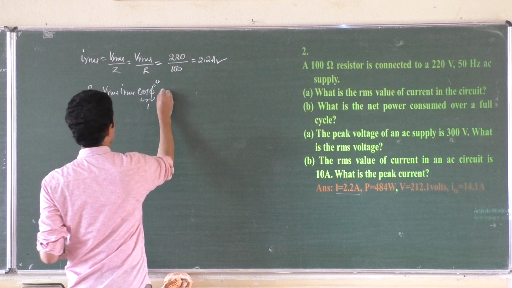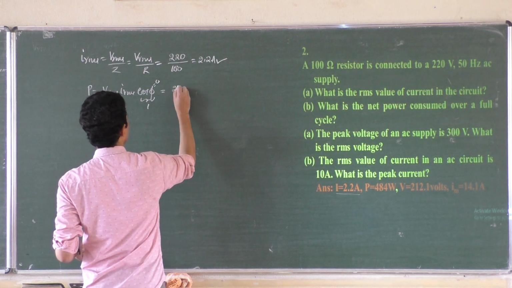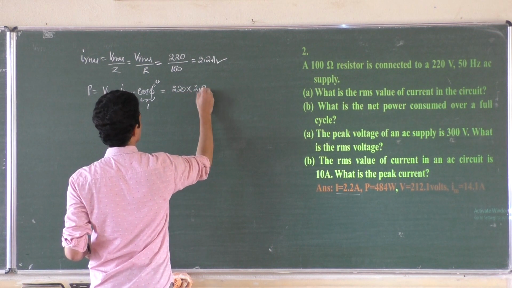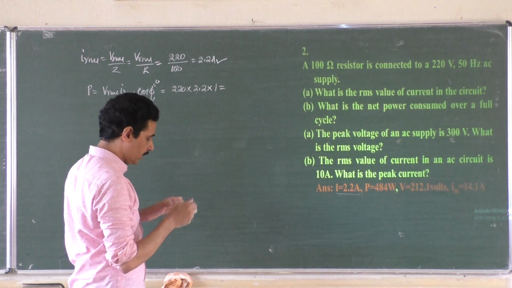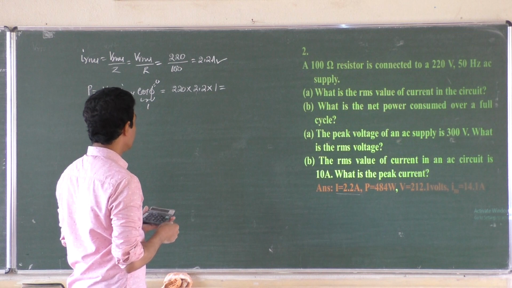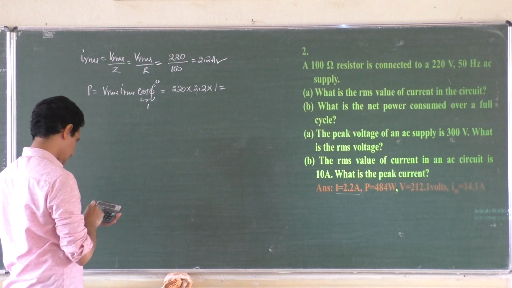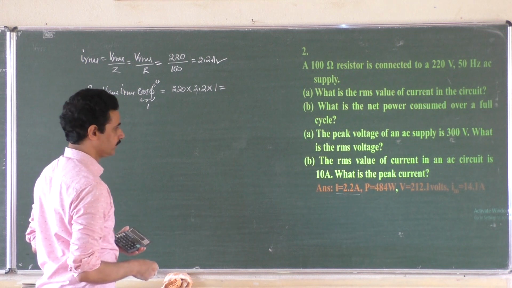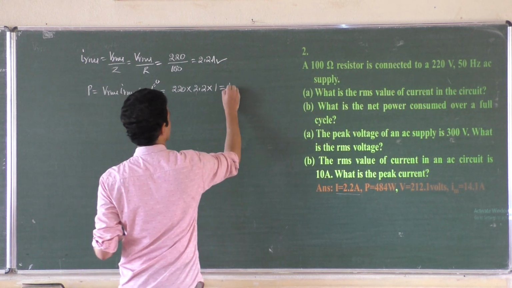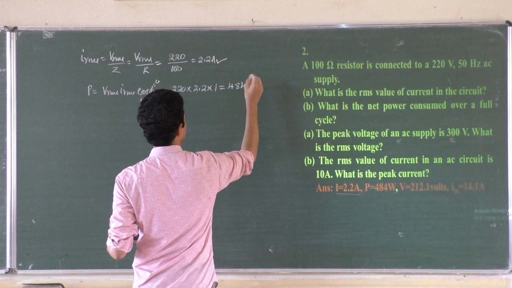So what is the answer? VRMS 220, IRMS 2.2, cos phi 1. Now onwards you have the answers, so you can check whether your problem solution is correct or not. 220 into 2.2 is equal to 484 watt, yes, 484 watt.